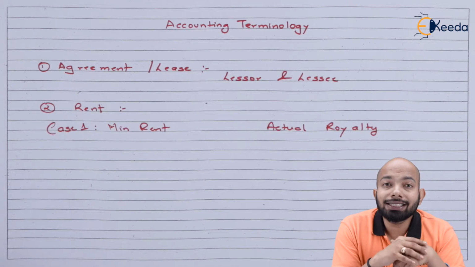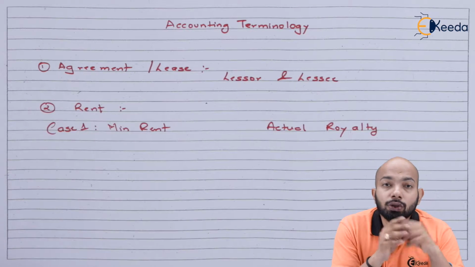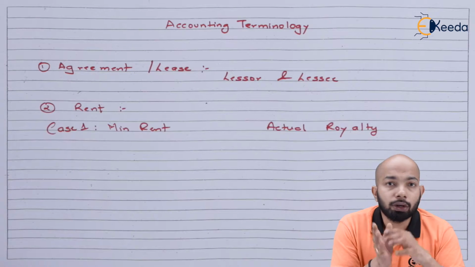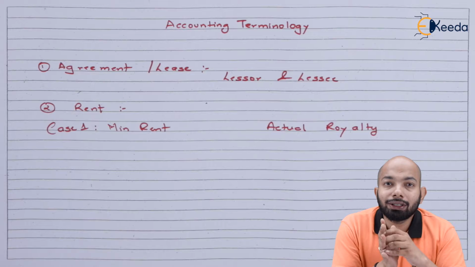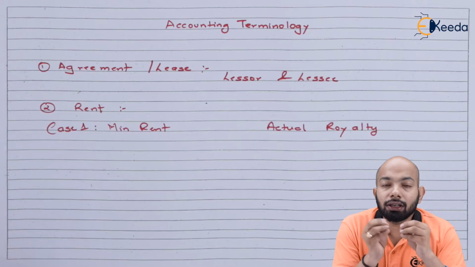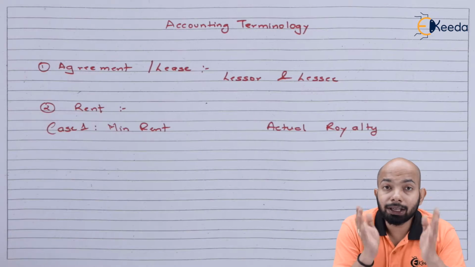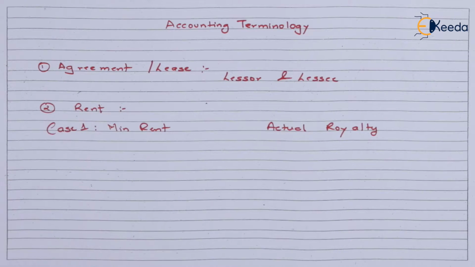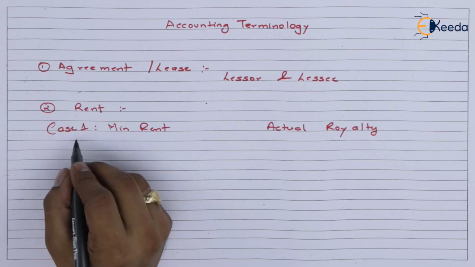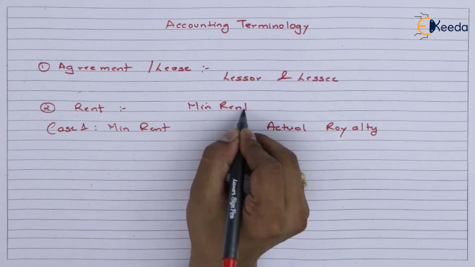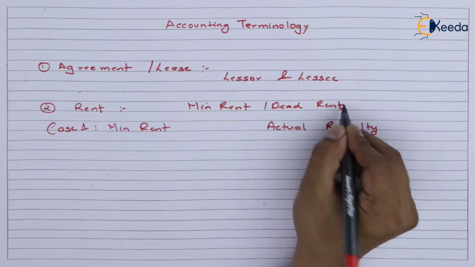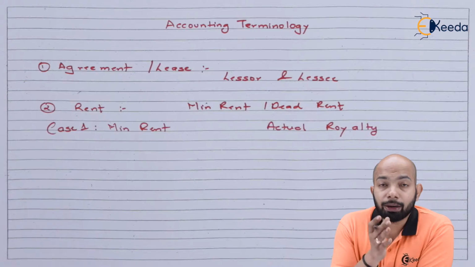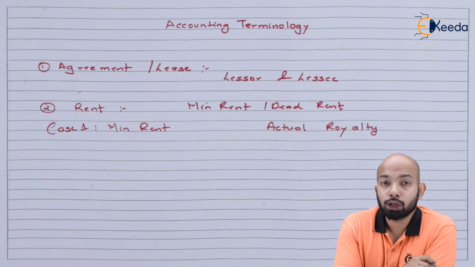Now, the other part is the actual royalty that happens on the basis of the sales or on the output. Whatever agreement ratio they have, as per that they earn royalty, and now there will be a comparison in between. So there are two cases that we would like to discuss. Case one is where minimum rent is greater than actual royalty.